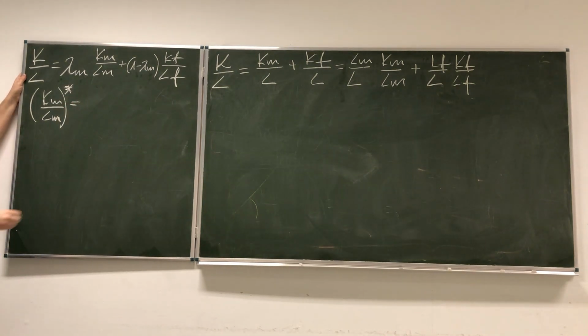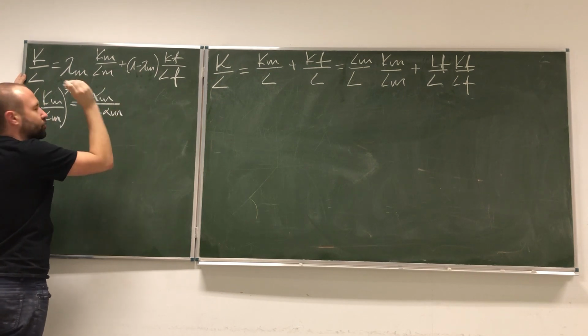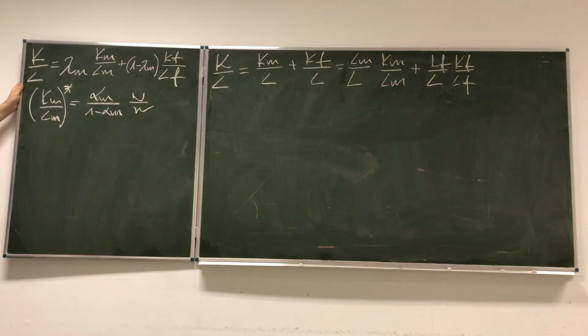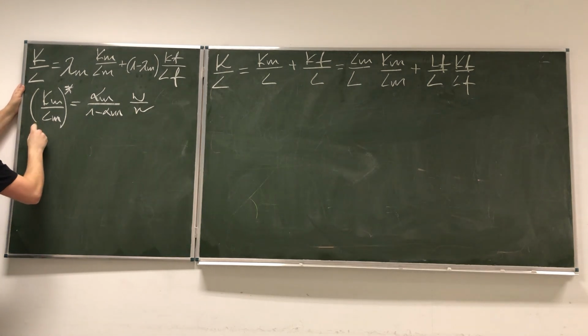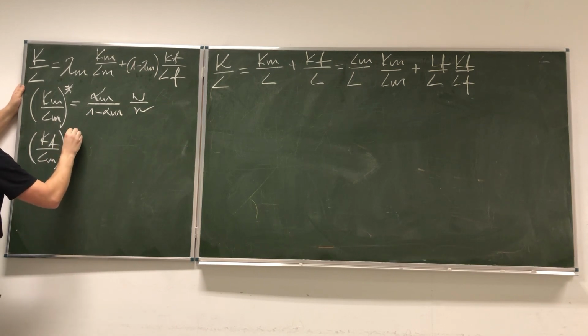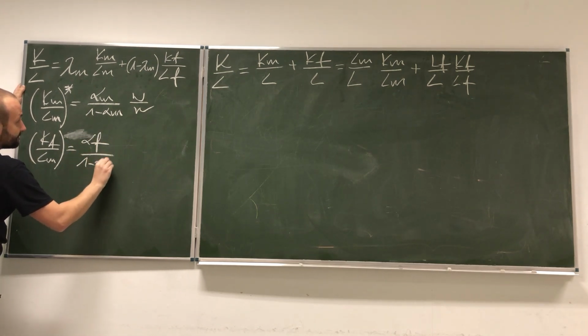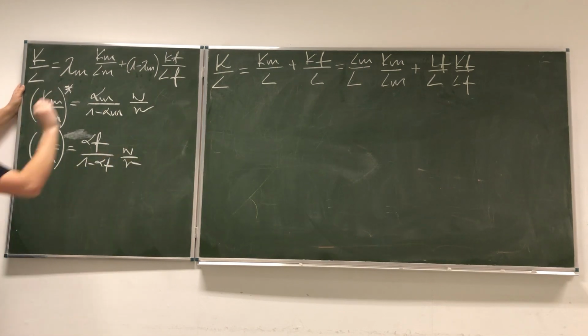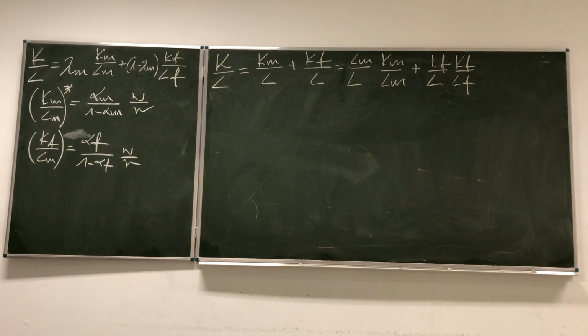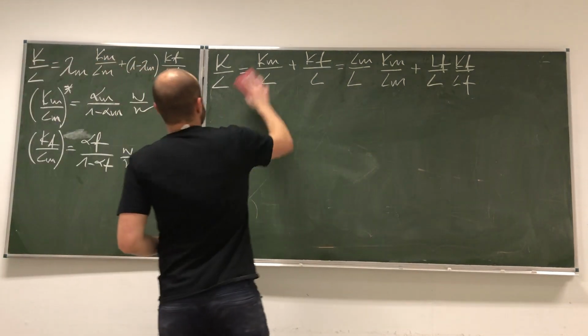For the manufacturing industry, it's alpha m over 1 minus alpha m times wage over rent, yeah, and in the food industry, it's this much. Okay, so if we know those optimal ratios, let's substitute them over there, and let's see what we're going to get.